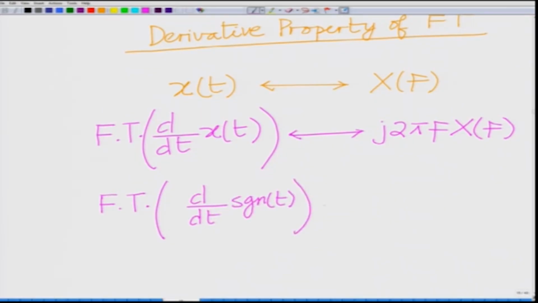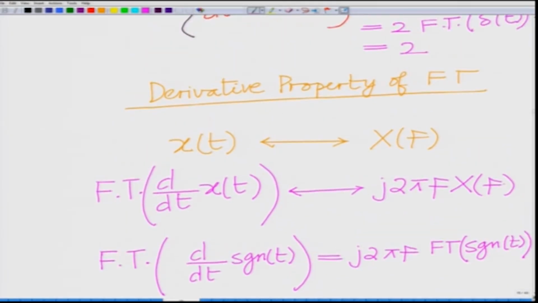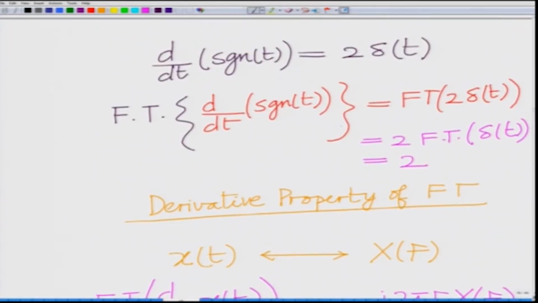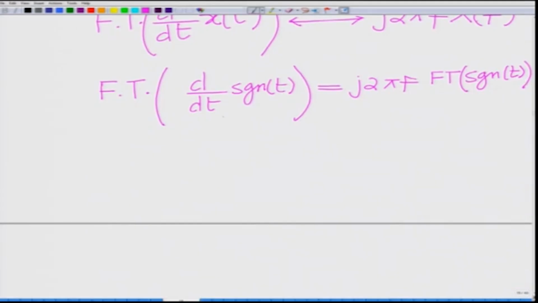therefore, the Fourier transform of the derivative of sin t is j 2 pi f times the Fourier transform of sin t. However, we have already seen that the Fourier transform of the derivative of sin t is 2, and therefore this is also equal to the result we have from above, which implies that these two must be equal.